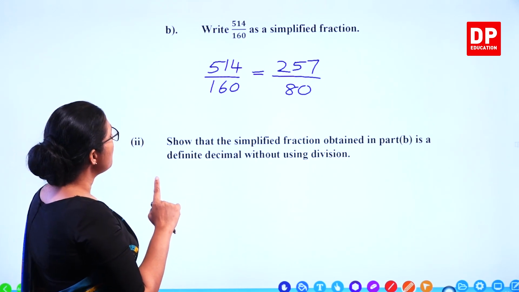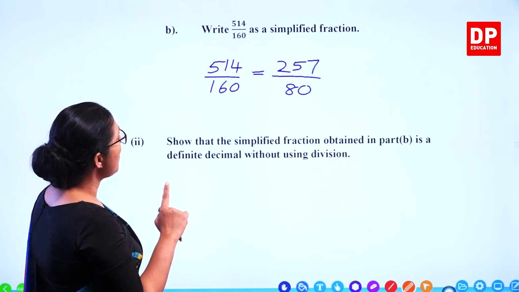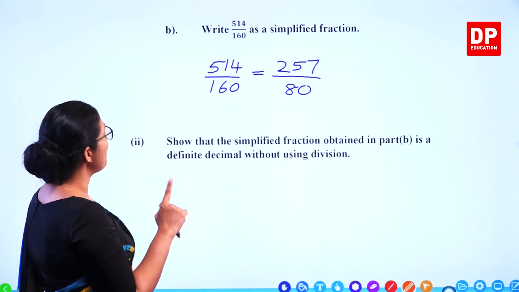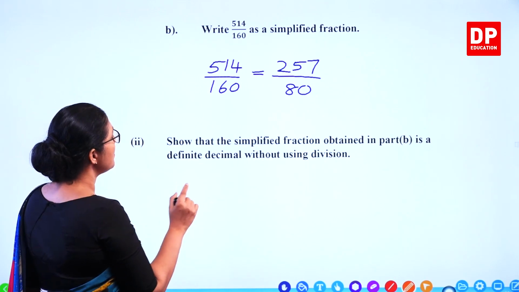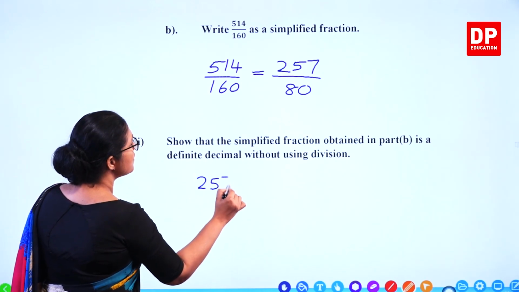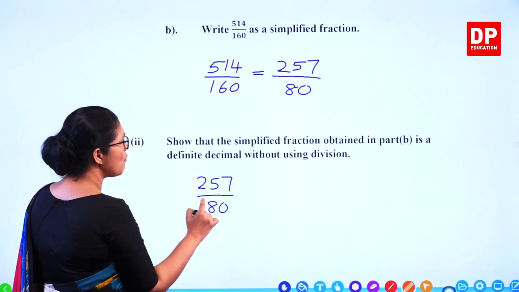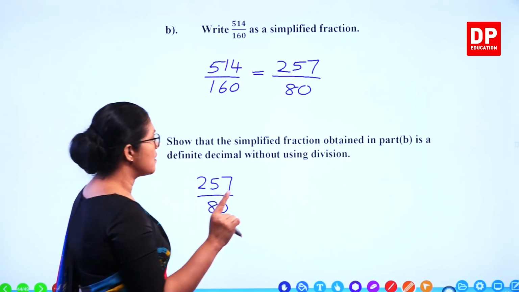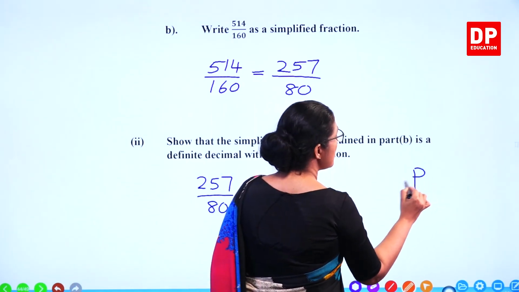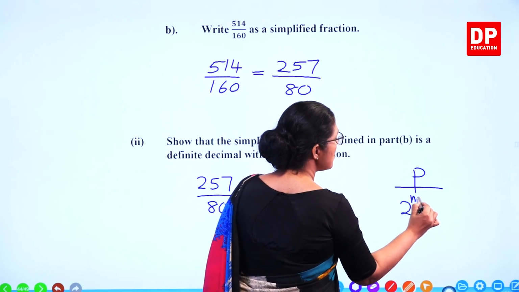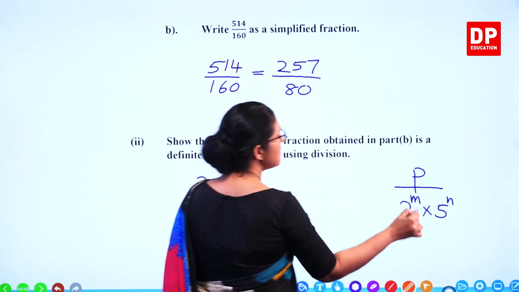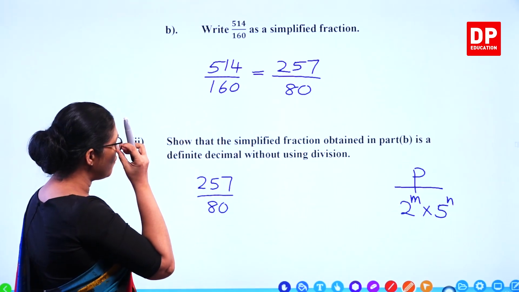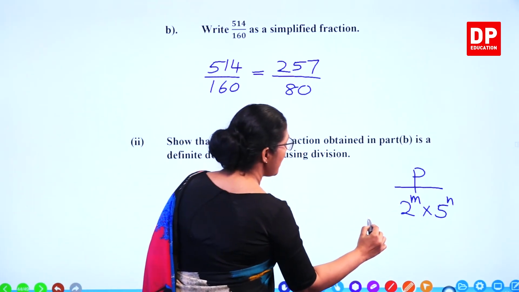Then show that the simplified fraction obtained in part B is a definite decimal without using division. 257 over 80. How do you identify whether it's a definite decimal? If you can write the denominator in terms of base 2 and 5, we say this is a definite decimal. So we'll see how we can write 80.